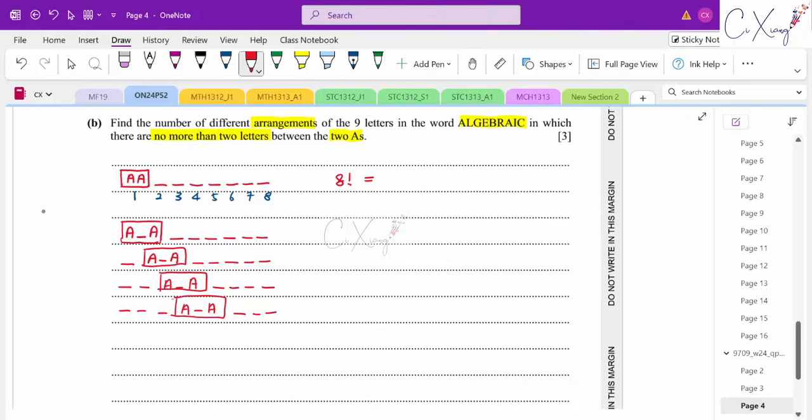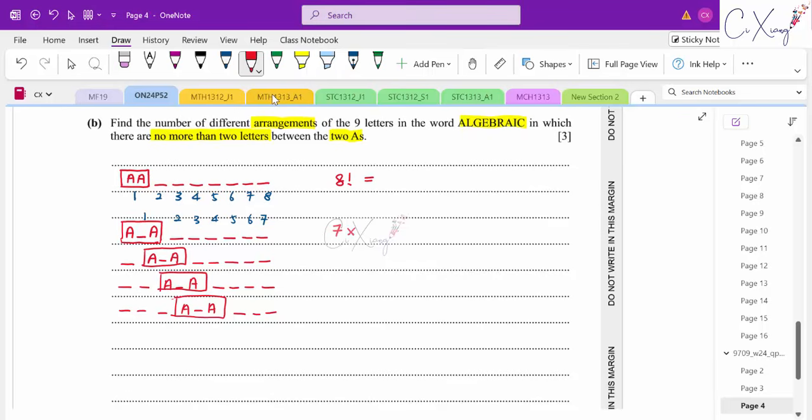If you count, the A space A will have 7 different places to be arranged. So you have 7 spaces to place the A space A. So I have the 7 first.